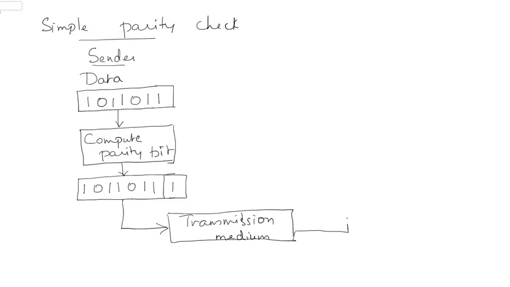Now at the receiving side, the same data will be received if there is no error in the data. The same data is 1, 0, 1, 1, 0, 1, 1, along with the extra redundant bit, that is 1. This is the data which is transmitted.